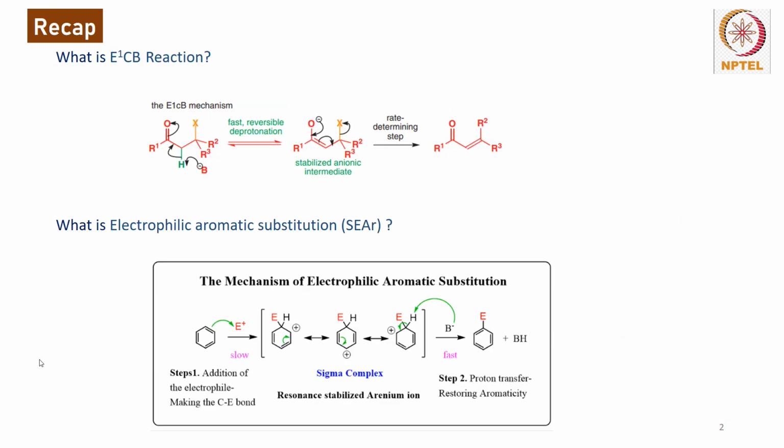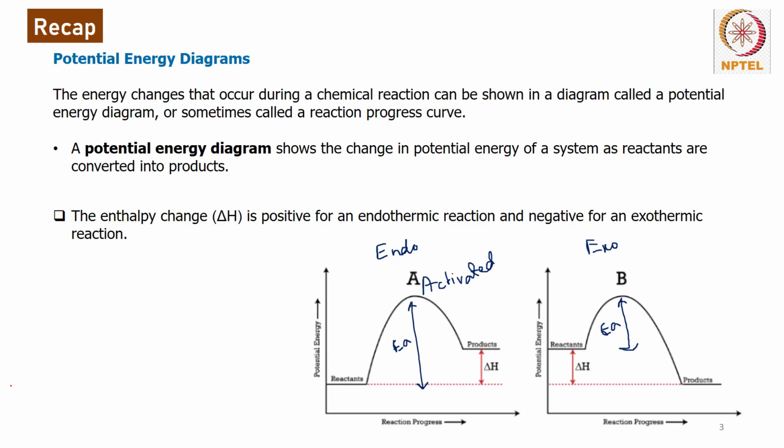For an endothermic reaction, the energy of the reactant is always lower than the energy of the product. That's why it absorbs energy to get to the activated state and form our product.